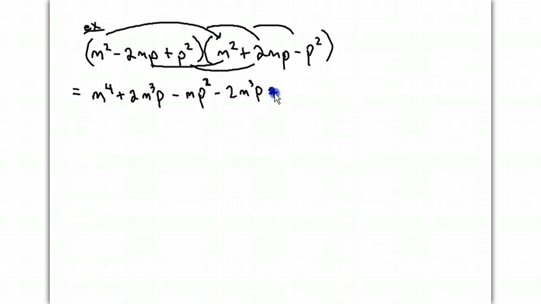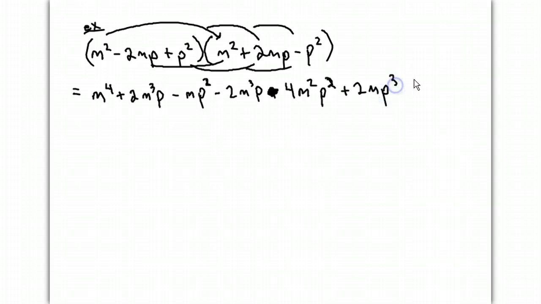And I apologize, this is going to be a minus. So minus 2mp, minus 2 times positive 2 is a minus 4. Then the m times the m gives me an m squared. And the p times the p gives me a p squared. So it's a minus 4m squared p squared. And then minus 2mp times a minus p squared gives me a positive 2mp to the third.